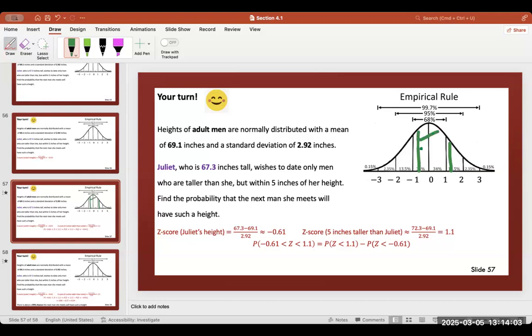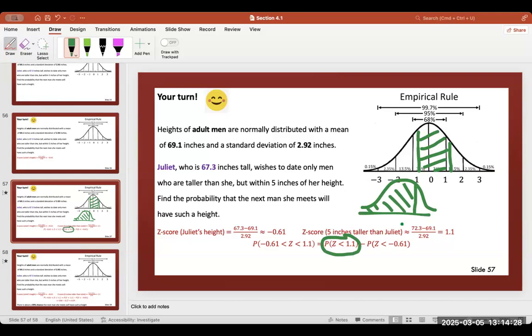And I'm trying to find the percentage of men who live between these 2 z-scores. Now, my z-table will only give me everything to the left of the z-score. So if I find the probability z is less than 1.1, it'll give me everything to the left.